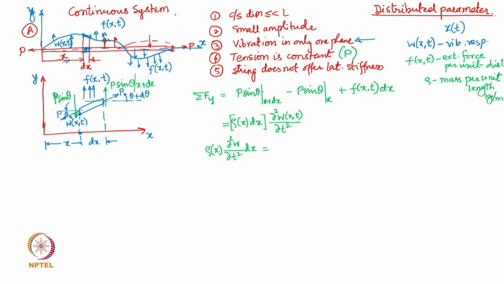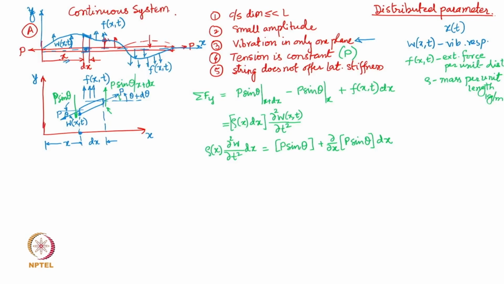Now p sine theta at x plus dx, that is this distance, I can expand in Taylor series and write as p sine theta plus partial x of p sine theta dx. So this is almost like sine theta at this particular position x plus dx is going to be sine theta plus d theta.